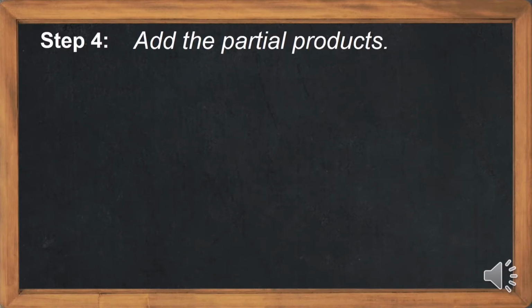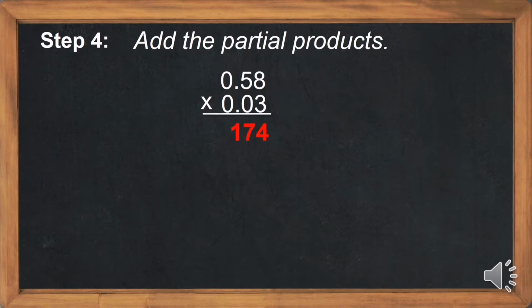Then, we have number 4. For our step number 4, we have to add the partial products. So, we have 174 for the hundredths, 3 zeros for the tens, and another 3 zeros for the ones.